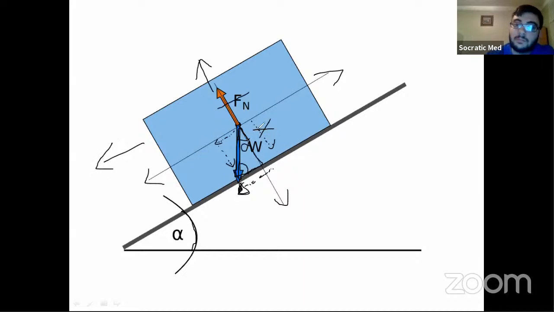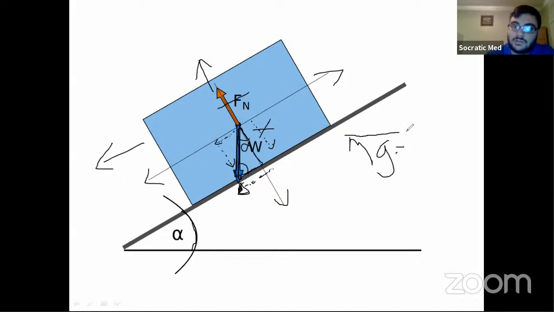How do we find out what the value of the components is? Well, we use simple trigonometry. We know what the value of the hypotenuse is, this long side, because it's weight and it's usually given to us. mg is given to us. And we know what the angle is, because that's also usually given to us, or maybe it might be the unknown that you're trying to solve for, either way. And we know that sine of this angle is equal to opposite over hypotenuse.